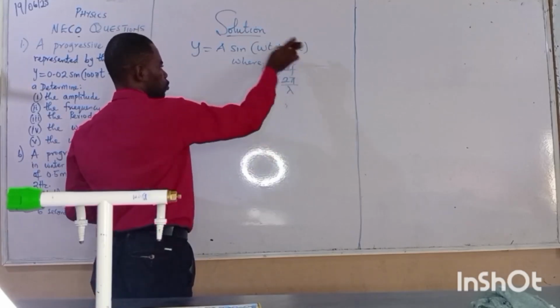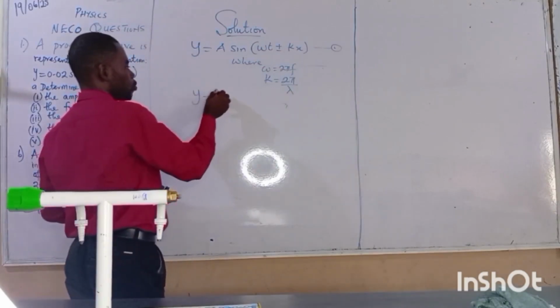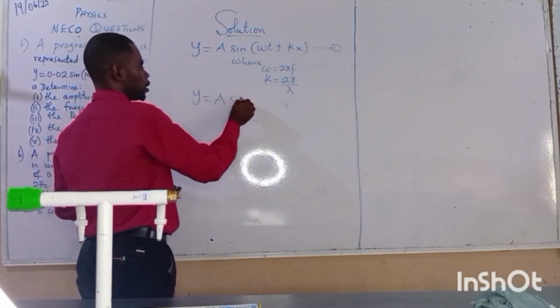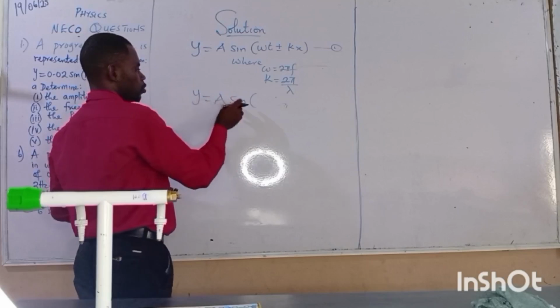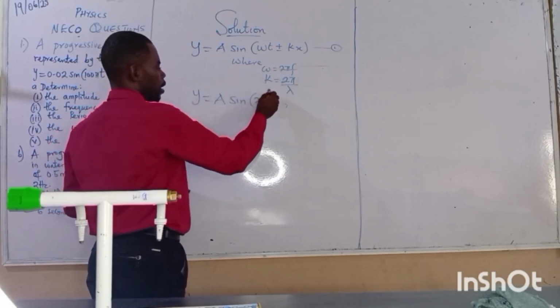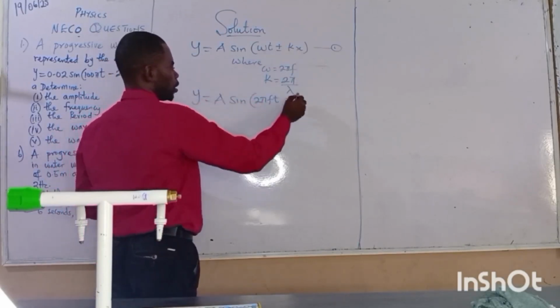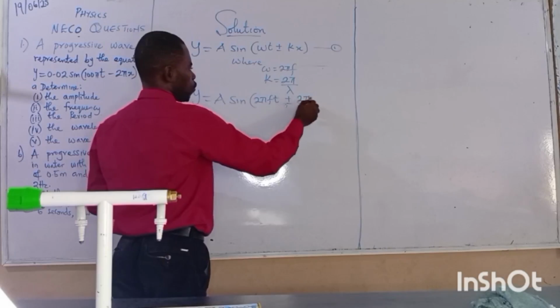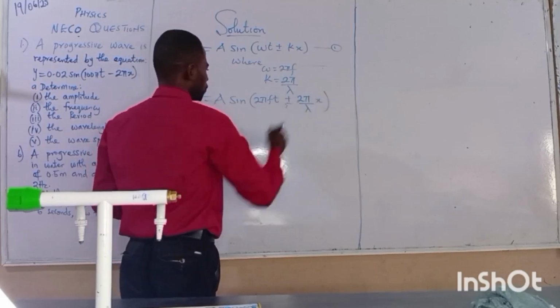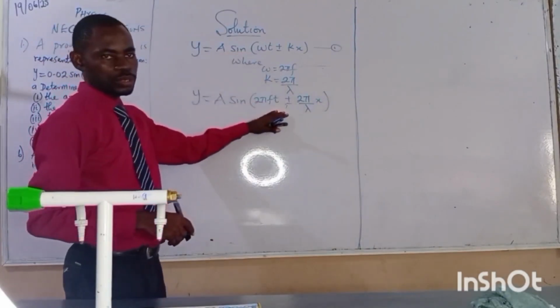If all these are put in this equation 1, we get y equals a sine (2 pi f t plus or minus 2 pi over lambda x). From this equation, we have generated this equation.